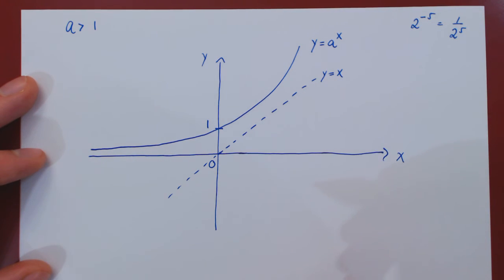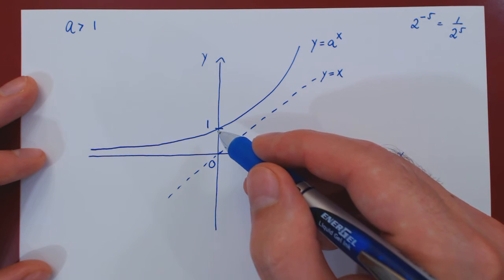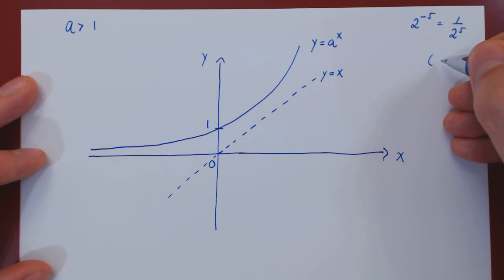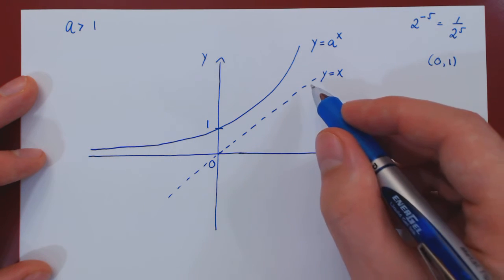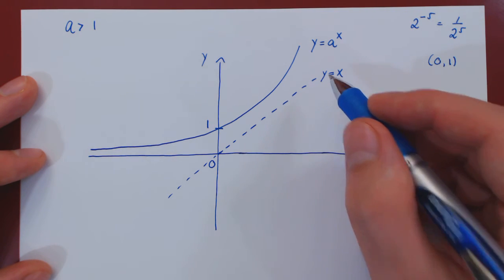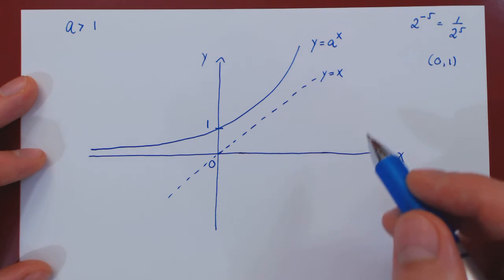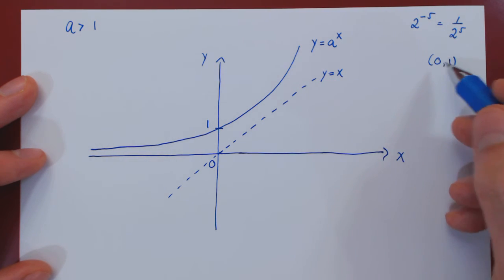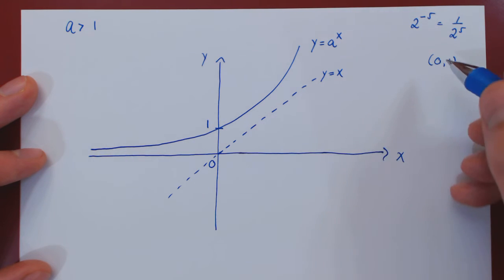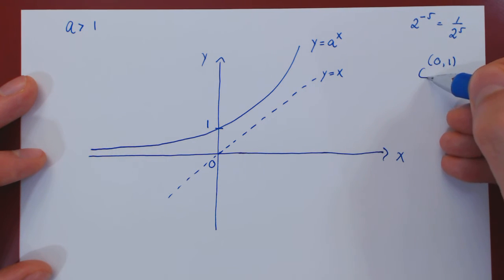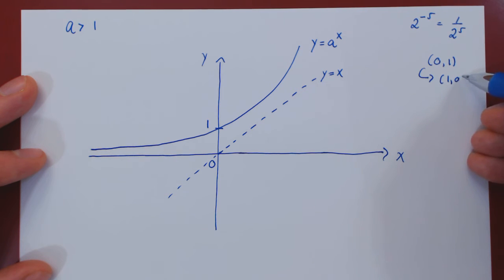And one key point is that this point, if you put it here, is the point x equals 0, y equals 1. And when you reflect about y equals x, the x-axis becomes the y-axis, and the y-axis becomes the x-axis, which means the coordinates of this point will change from (0, 1) to (1, 0).